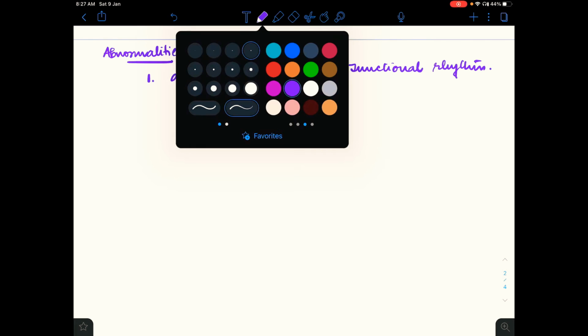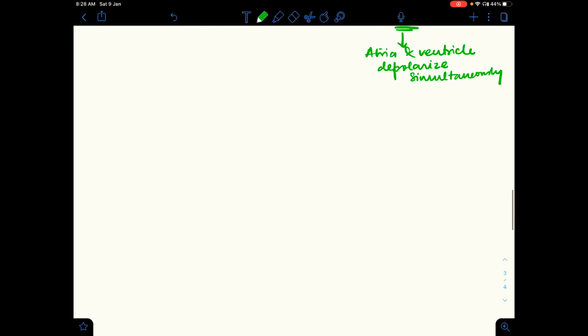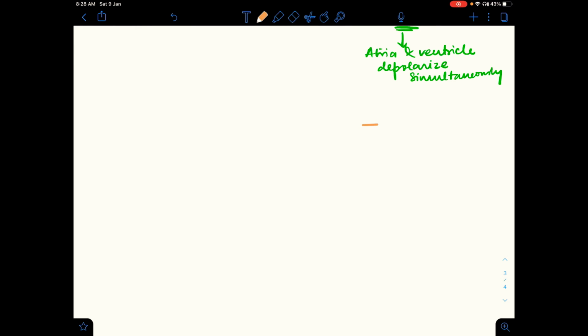In junctional rhythm, as the rhythm is caused by the AV node, the atria and ventricles depolarize simultaneously. So if you see, this is the QRS for ventricular depolarization.